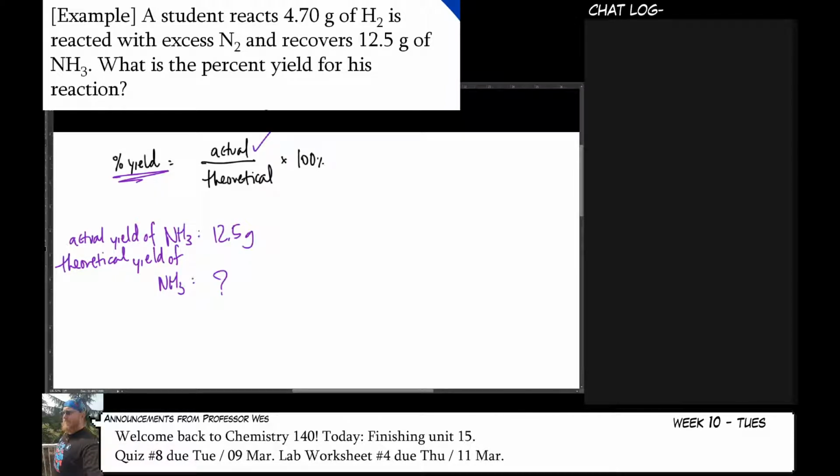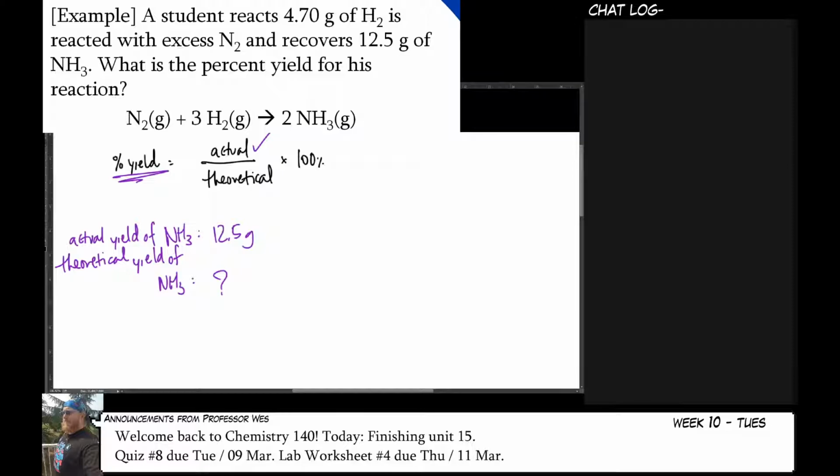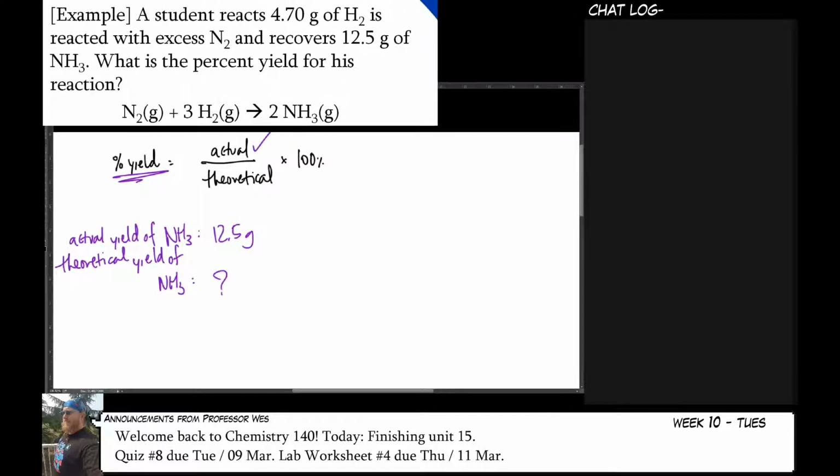Did I give a balanced equation for this reaction? I did. There we go. That'll help a little bit. So let's use the balanced equation to try and figure out what the theoretical yield is.